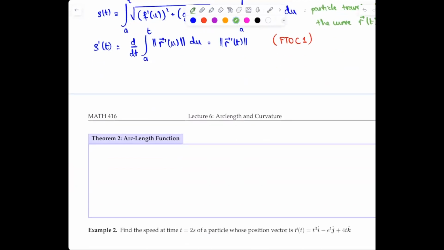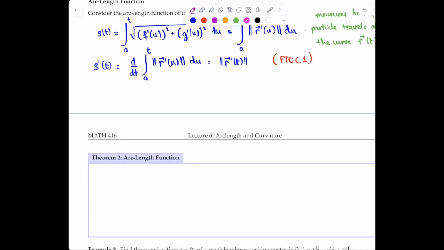So we have s prime of t equal to the magnitude of r prime of t. It's going to tell you the speed of the particle at a given time t.